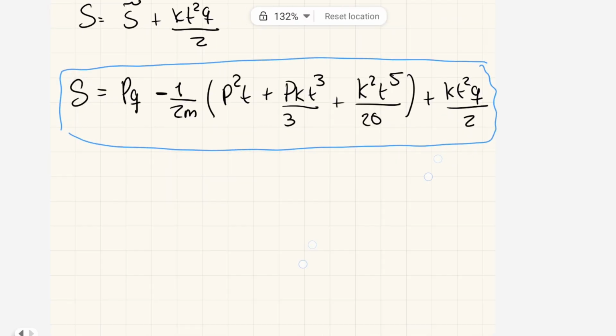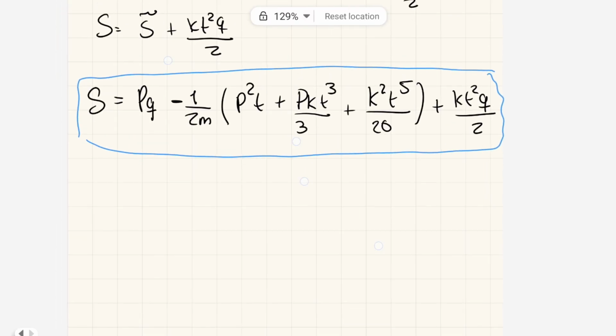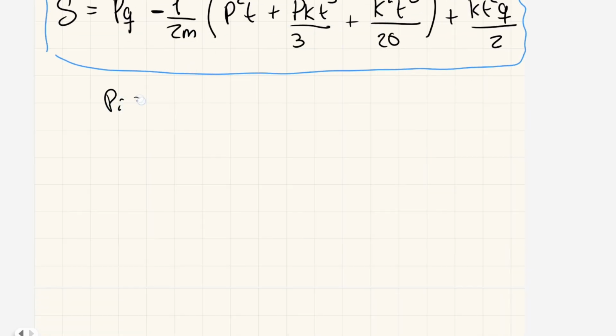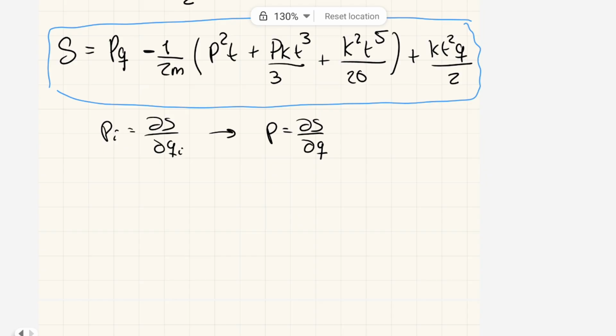So perfect. With this we are able to find the equations of motion of the system, because remember that we have that Pi is equal to the partial of S with respect to Qi. So this takes us to have that p is equal to the partial of S with respect to Q. And we can easily see that p is equal to upper P plus kt squared divided by 2, just by taking the derivative with respect to Q of this.